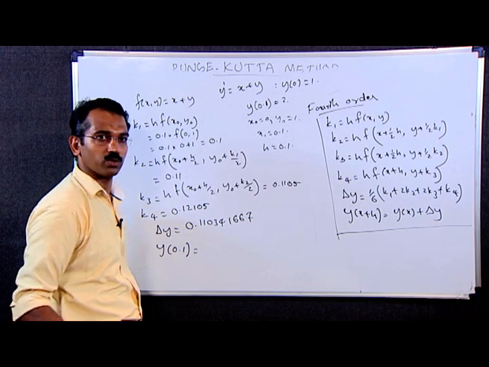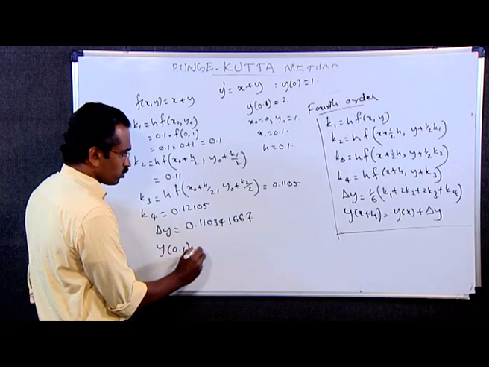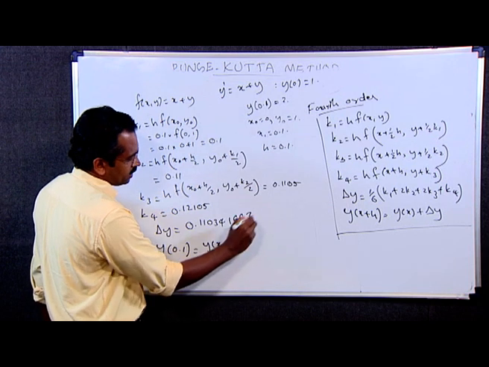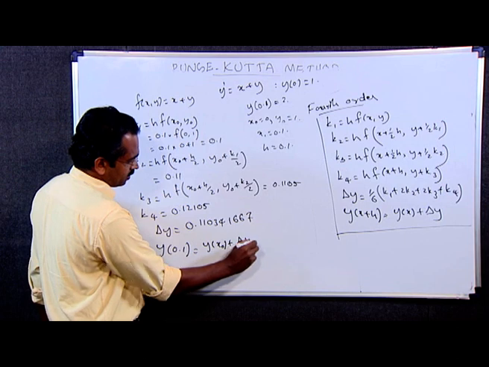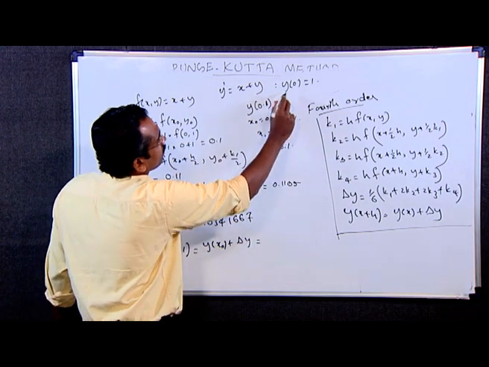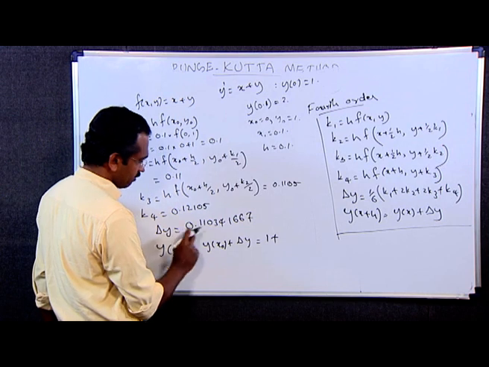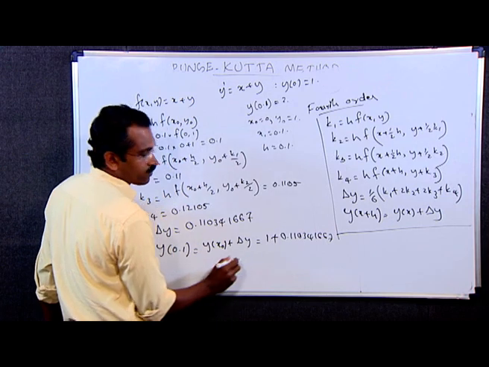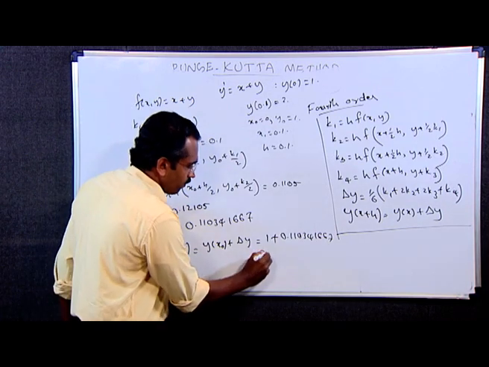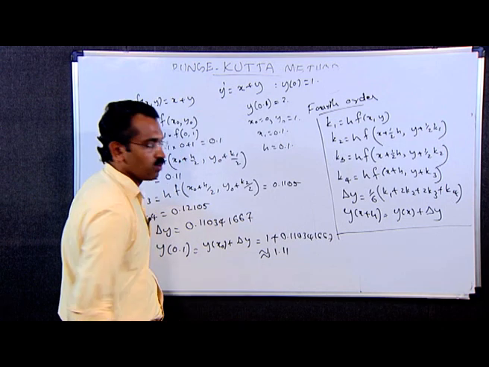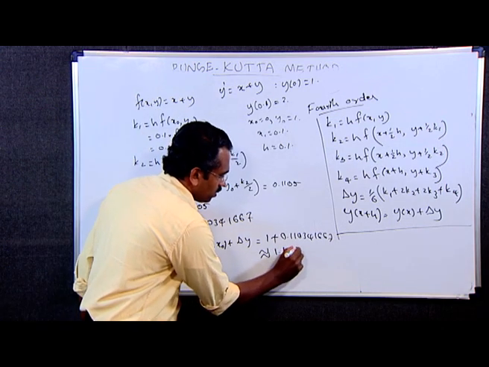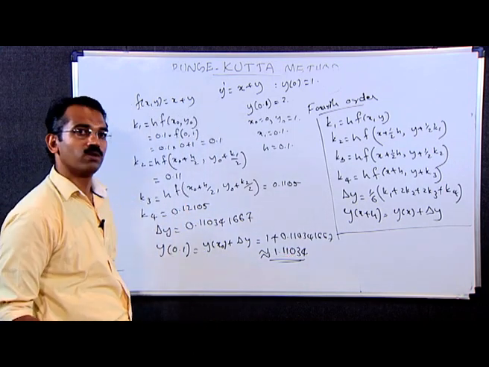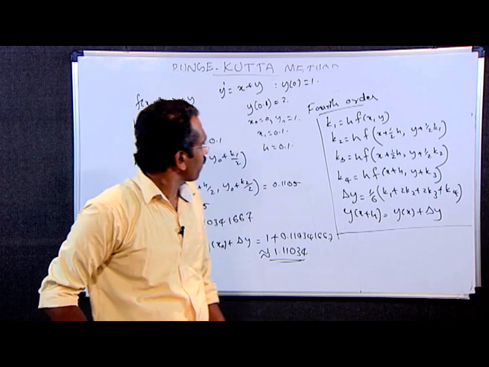Here x1 is 0.1, which is equal to y of x naught plus delta y. That is y of x naught is 1 plus delta y is 0.1103416667, which is approximately equal to 1.11034, correct to 5 decimal places. This is the required value of y of 0.1 approximately.